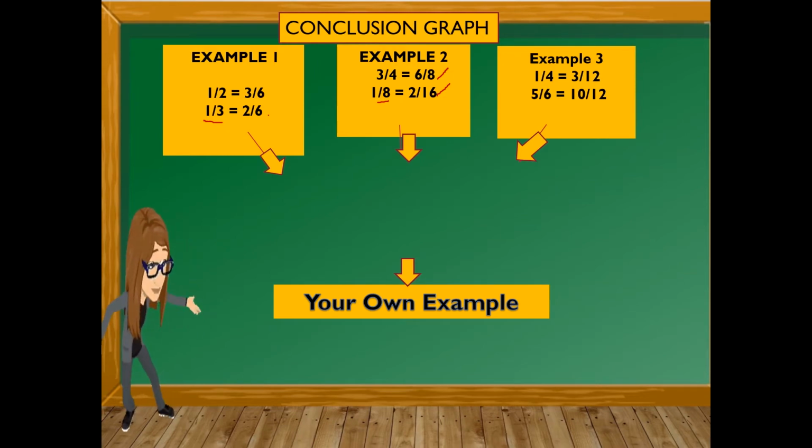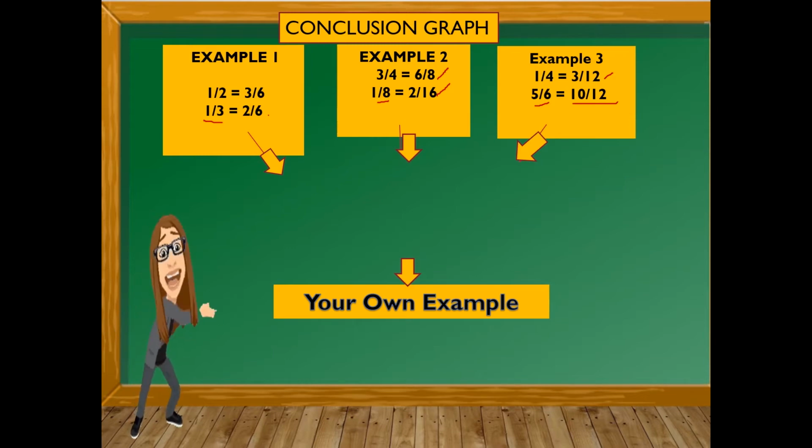That's why 3 times 1 is 3 and 3 times 4 is 12. This one, 5/6 is equivalent to 10/12. So 5 was multiplied by 2. 5 times 2 is 10 and 6 times 2 is 12.